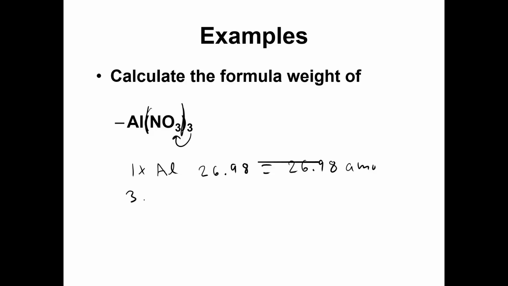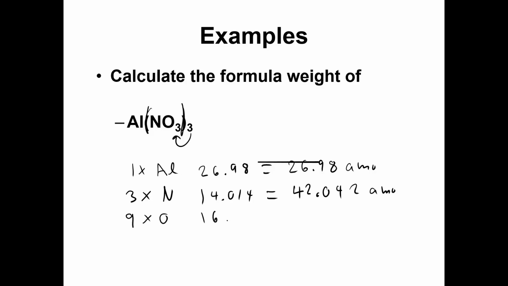We have 3 nitrogens, 3 times N. Each nitrogen is 14.014 AMU. Multiplied out is 42.042 AMU. And then we have 9 times oxygen.